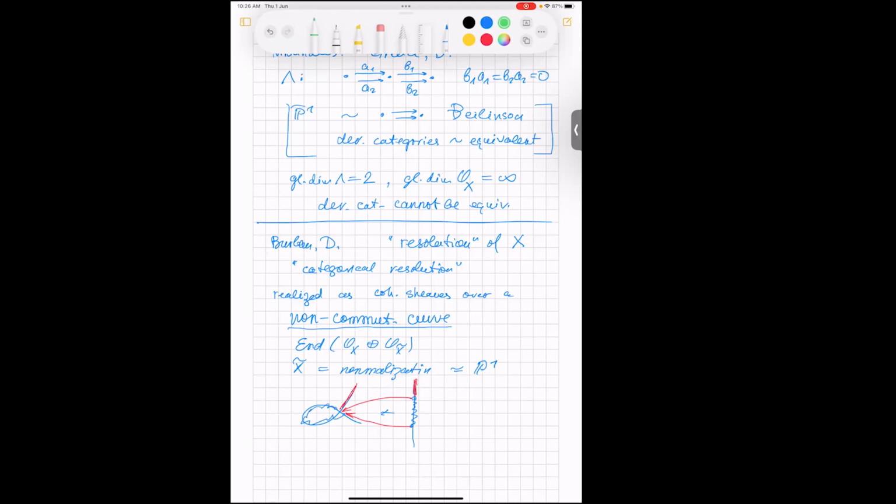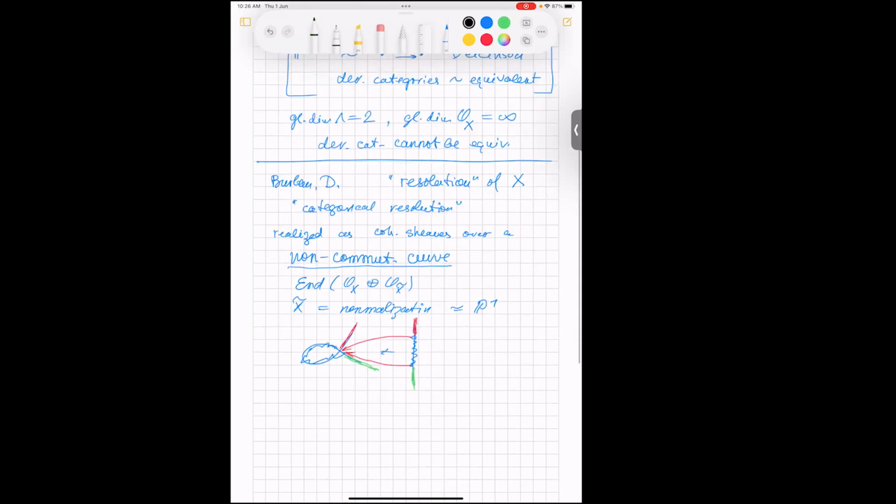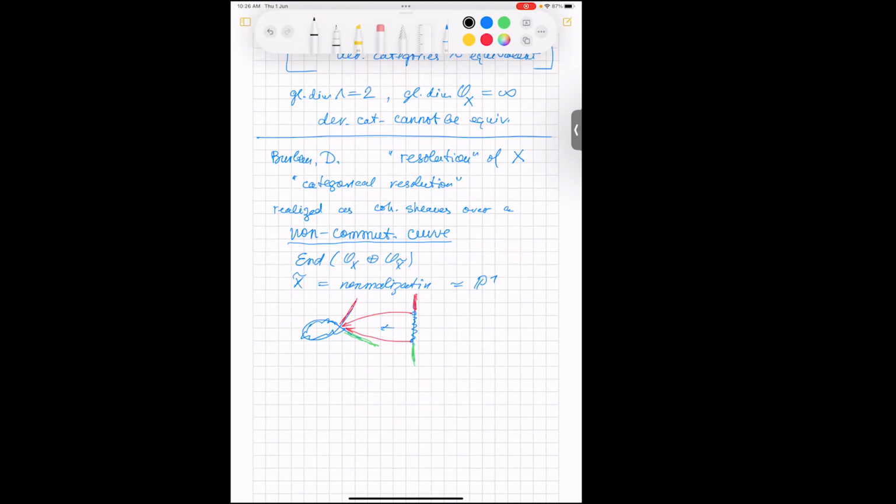And the last one, this one, maps here. This is a well-known resolution. Let the sheaf of endomorphisms be A. Then we consider the non-commutative curve. It consists of our curve X and the sheaf A on X. This is a non-commutative curve.